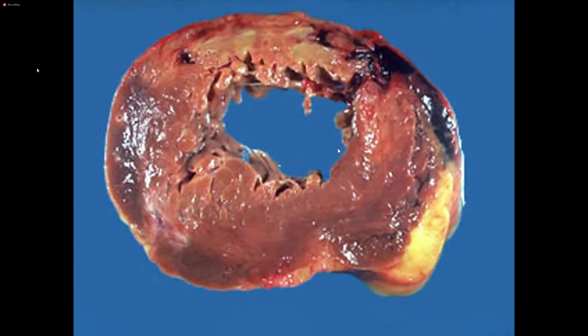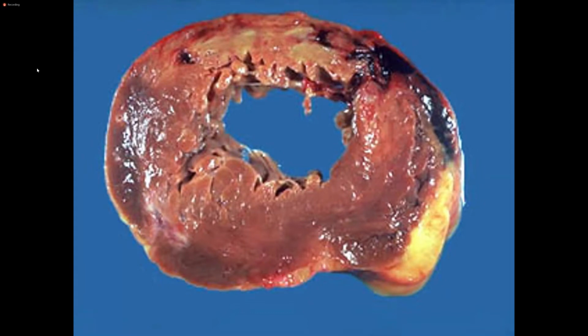Now here we talk about one of the complications of myocardial infarction. And this is the rupture of the ventricular wall. Rupture of the ventricular wall is not that common. We will talk about the complications, which are, number one, arrhythmia.